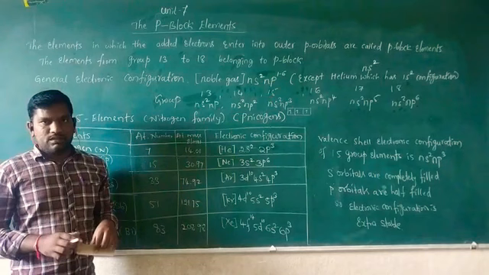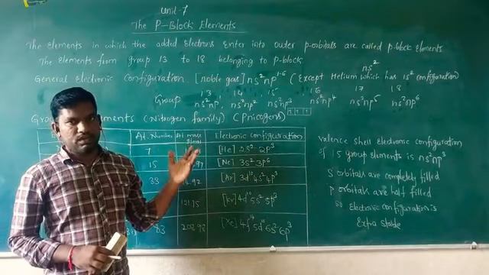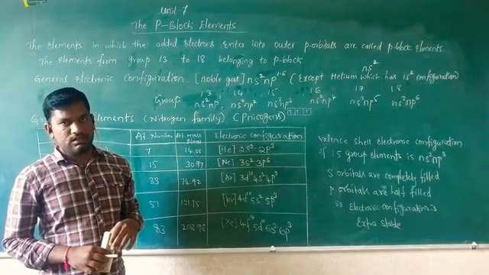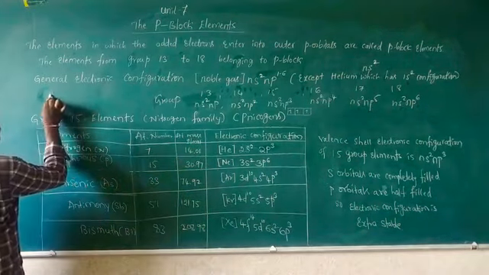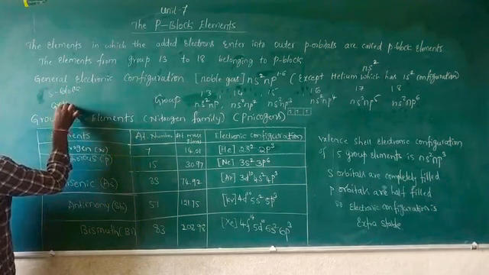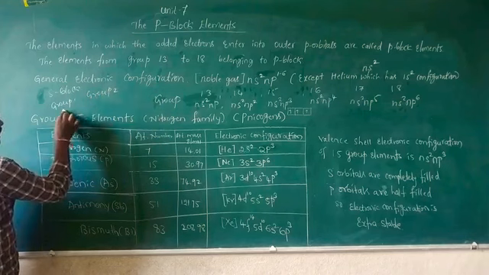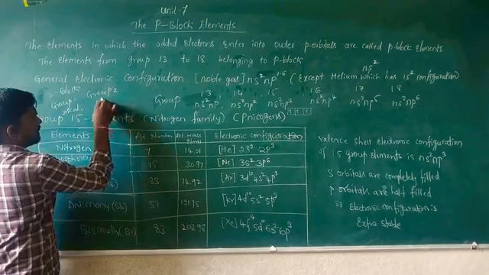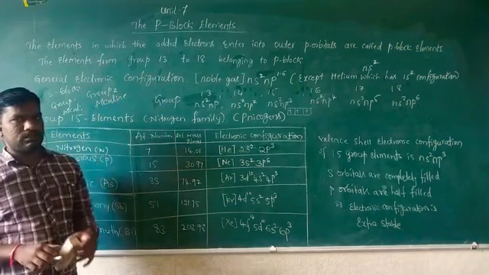Now, in the previous classes, in the 11th standard, we learned about the s block elements. There are two groups, group 1 and group 2: alkali metals and alkaline earth metals.